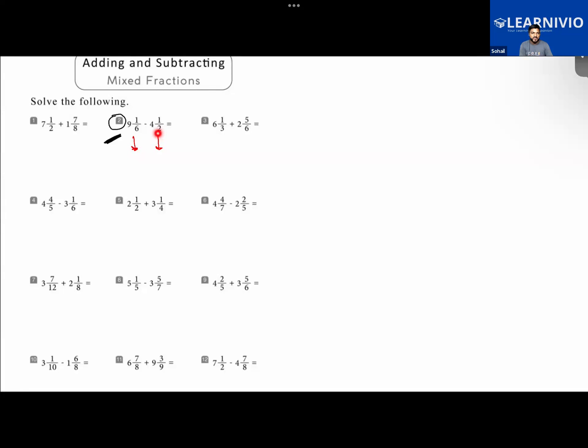And Sumaya, you tell me about this one. We have to multiply 4 and 2 and then add 1, it would be 9. Habib, you can answer the other one. So that is 55 upon 6 minus 9 upon 2.